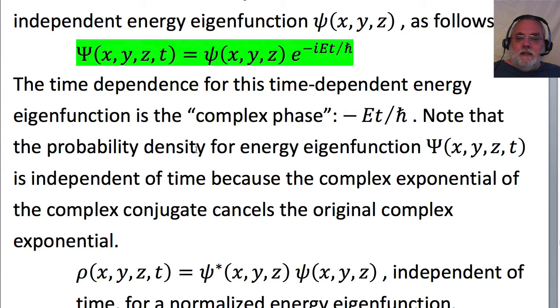Note that the probability density for energy eigenfunction capital Psi is independent of time because the complex exponential of the complex conjugate cancels the original complex exponential, where we're only dealing with an energy eigenfunction.